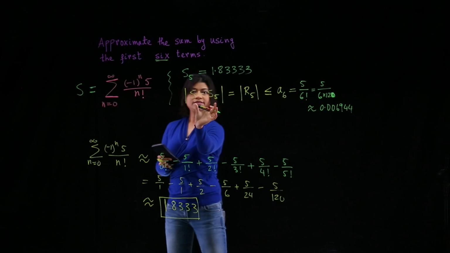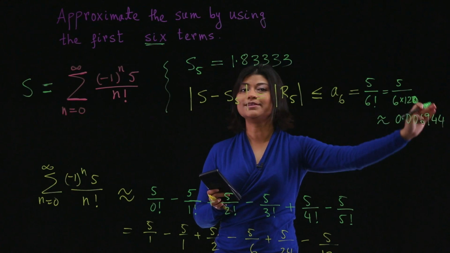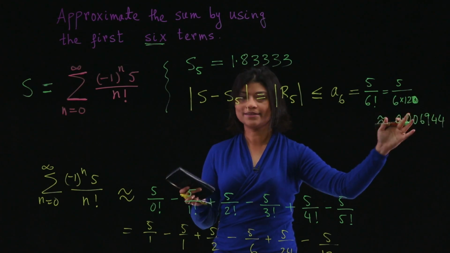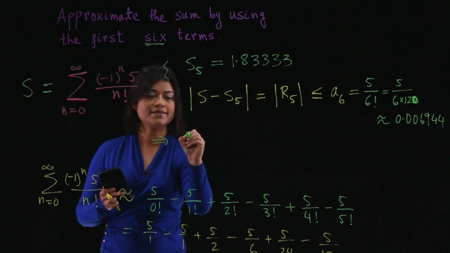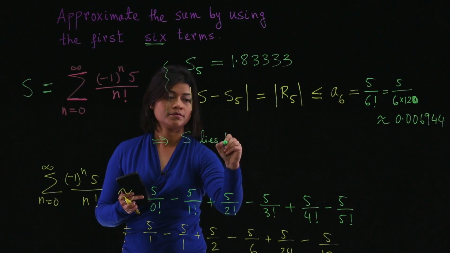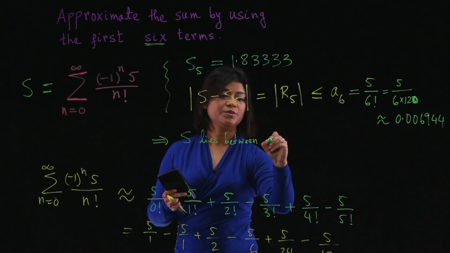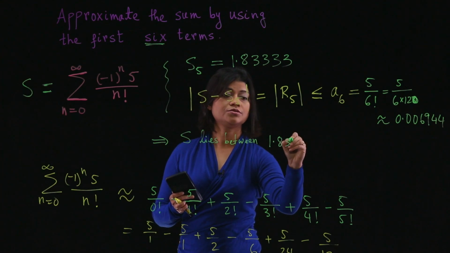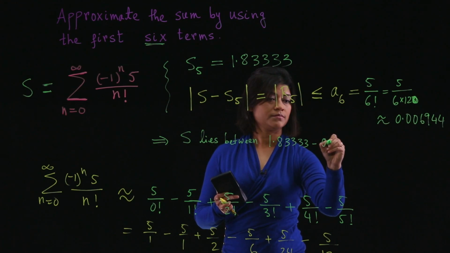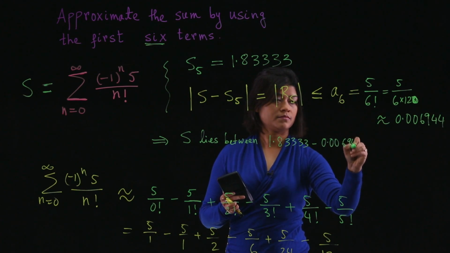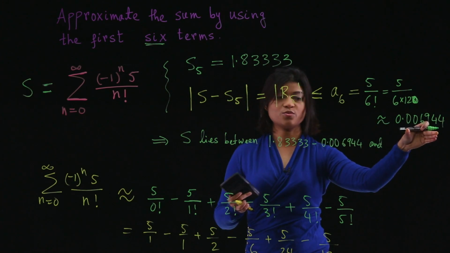Well, so the difference of the two sums, the exact and the approximate, is less than or equal to this quantity. So this is the error right here. Therefore, this tells you that the exact sum S lies between the S5 that we got, 1.83333 minus this quantity, and the sum S5 plus this quantity.